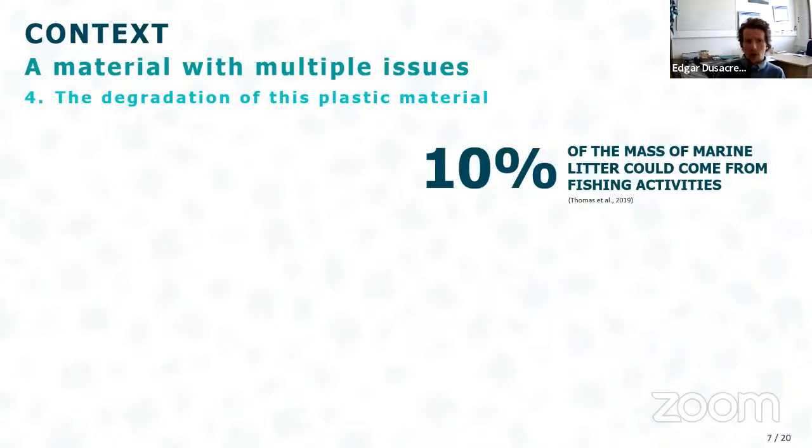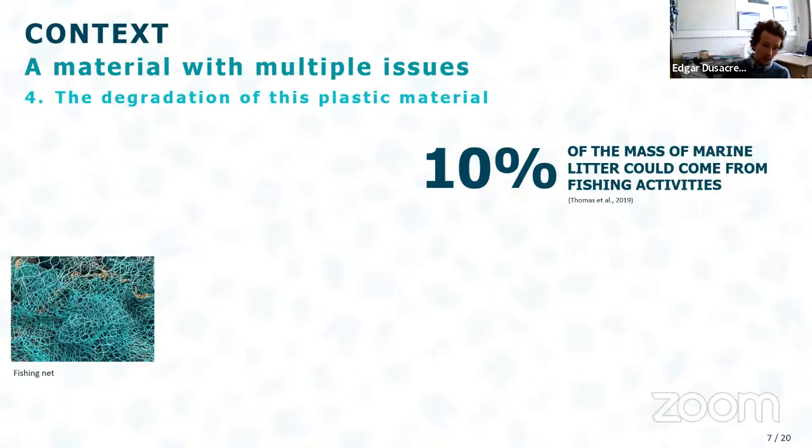The fourth issue of this material is its degradation into microplastics and nanoplastics. But we don't really know the contribution of fishing activity to global plastic pollution. In fact, we have just one global study made in 2019 that said that 10% of the mass of marine litter could come from fishing activities.